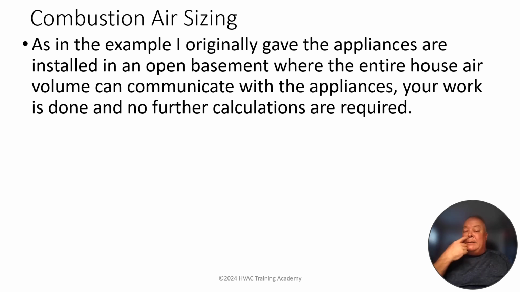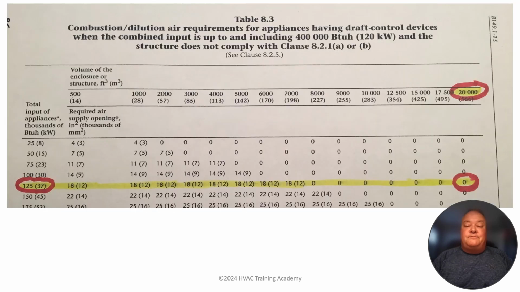Now, if we decided to leave it at that, we know we have enough air in the house because there's no room or no construction around the appliances themselves, and it can communicate effectively with all of that air that's in that house, we're done. We're good to go. We don't have to do anything else.